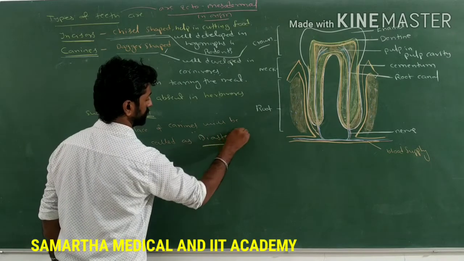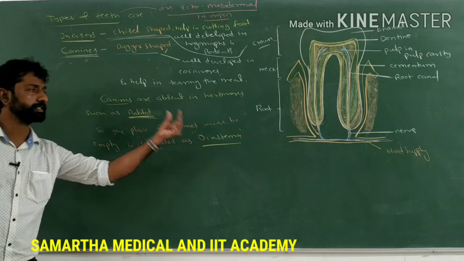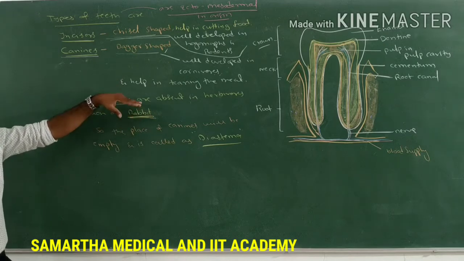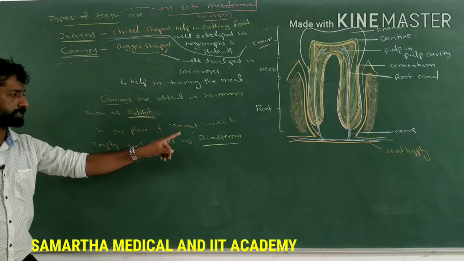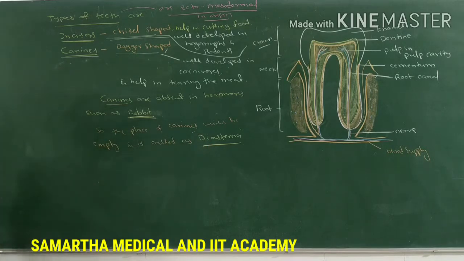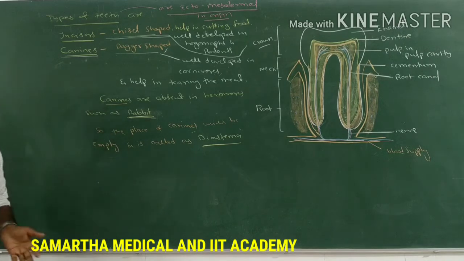So what do you mean by diastema? Diastema is nothing but the empty space where the canines are absent in a rabbit or the herbivores. That empty space which is left by the absence of canines is called a diastema, and you can observe the diastema in herbivores such as the rabbit.